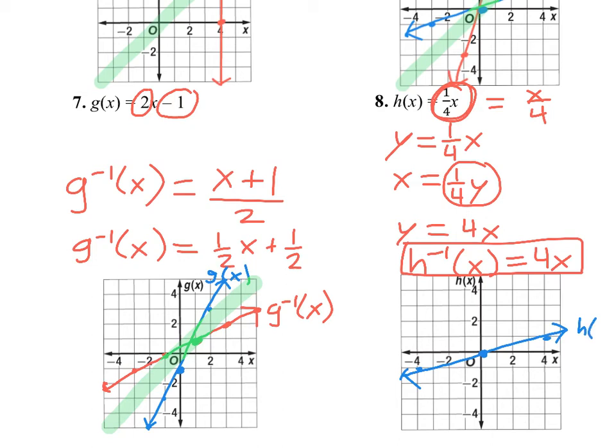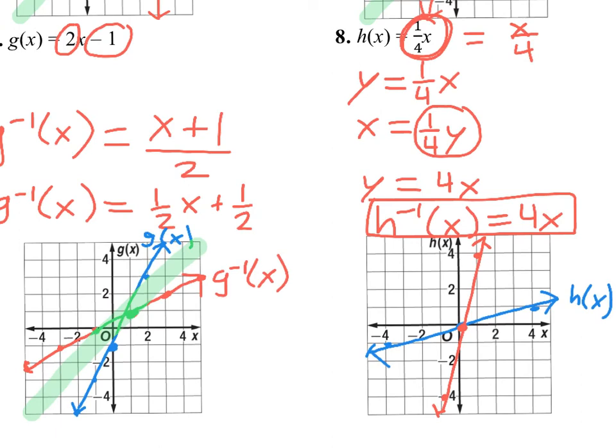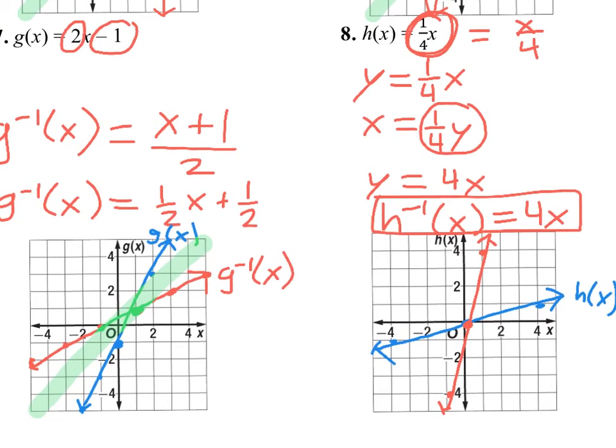This is the original h of x, the inverse would be also starting at the origin and up 4, right 1. To go the other way, down 4, left 1. Draw a line through that. This one is h inverse of x.